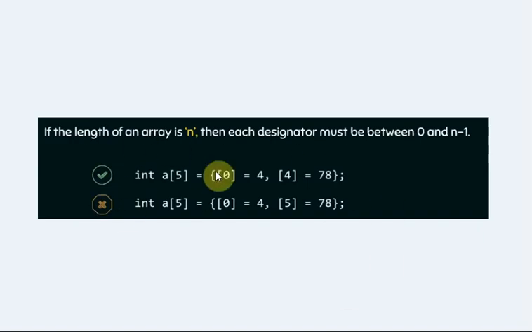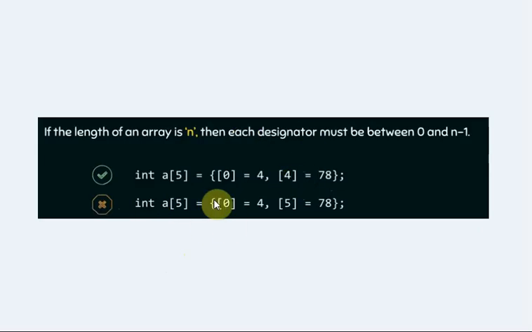Now if you define, let's say, int a[5], a[0] = 4, a[4] = 78, this is correct, right? Why? We have defined the length as 5, so the maximum we are accessing is the final record.